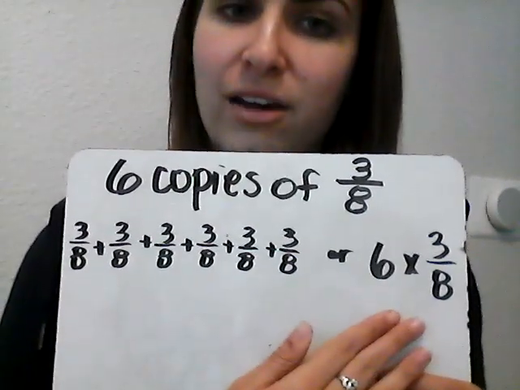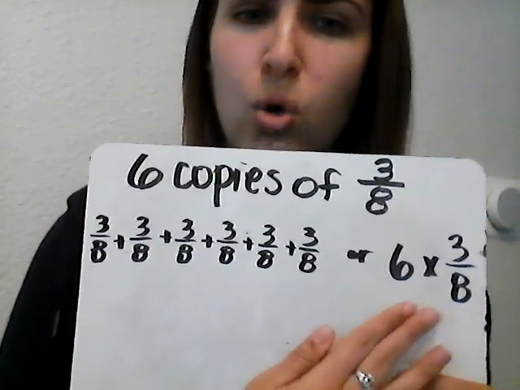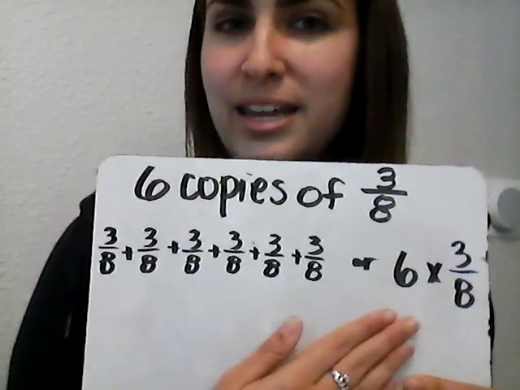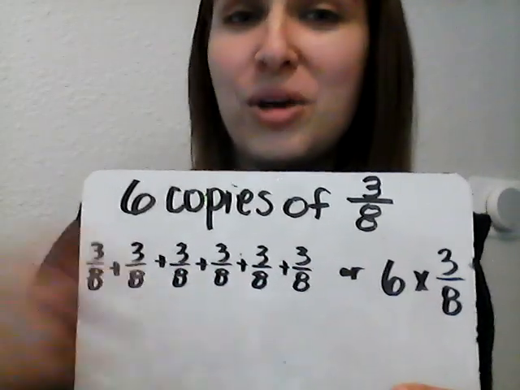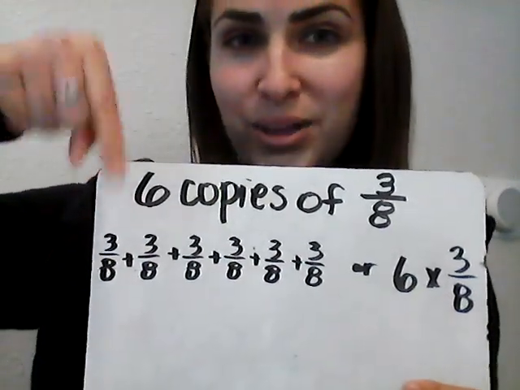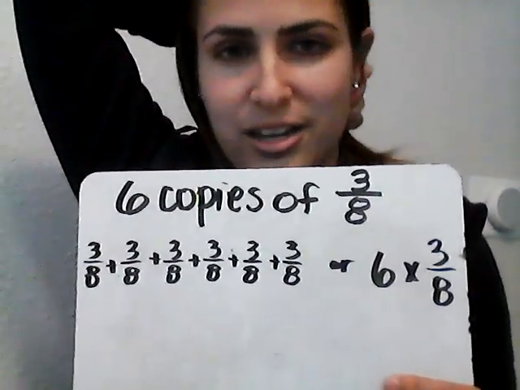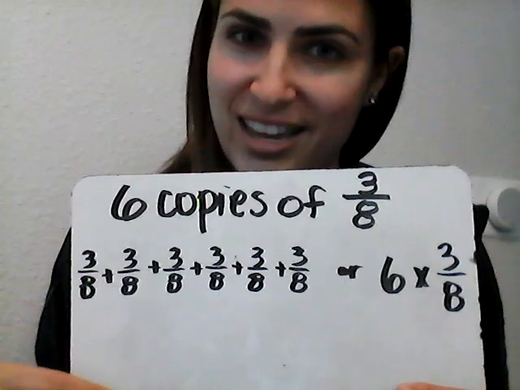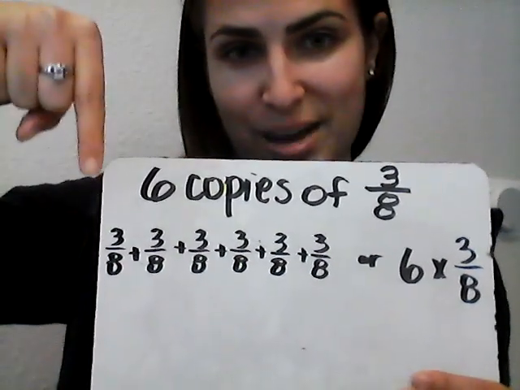We also have multiplication to show 6 copies of 3/8. Which one of these, in your opinion, is the most efficient? There's not necessarily a right or wrong answer here, but I want to see what you guys think. So you guys can pause the video and write what you think down below.